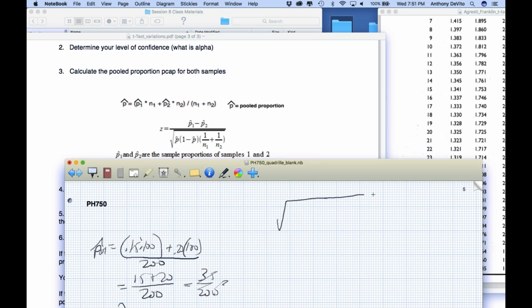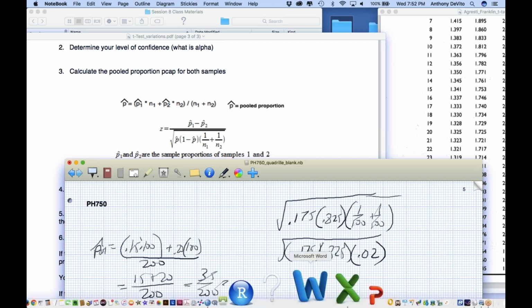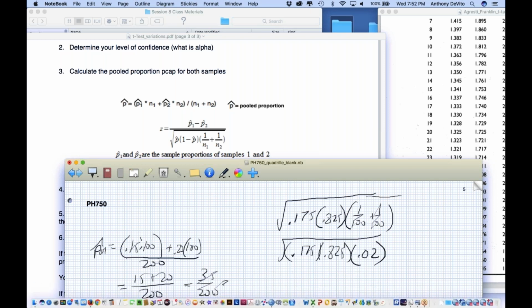So that square root is the square root of 0.175 times 1 minus that, which is 0.825, times 1 over 100 plus 1 over 100, square root of that whole thing. So that's the square root of 0.175 times 0.825 times 1 over 100 plus 1 over 100, which is 2 over 100, or 0.02. Okay, I think I got that right. So I'm going to calculate that whole thing.